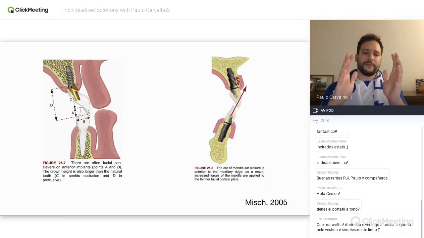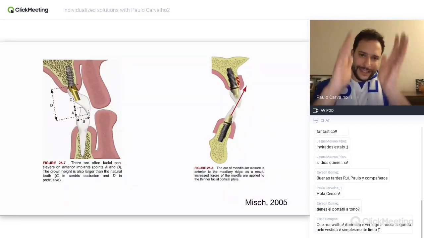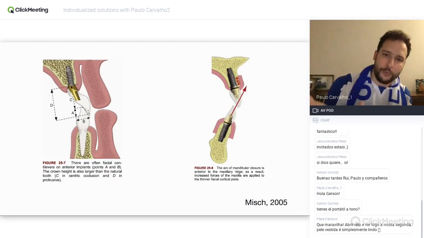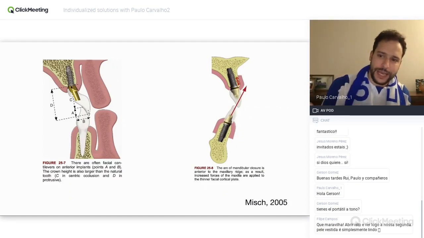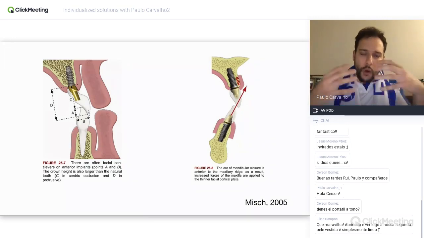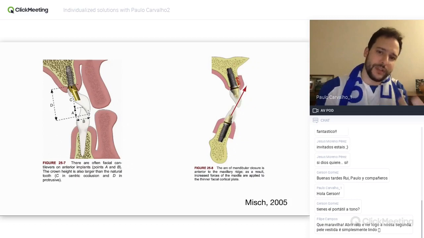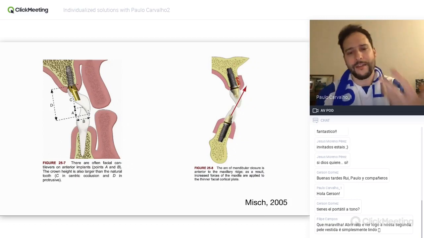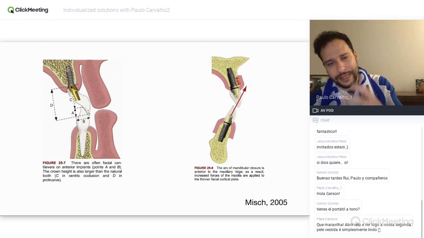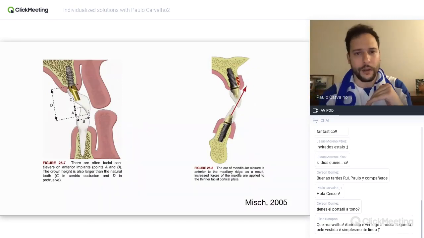So we have enough bone to place the implants, but that bone is not in the same axis as the teeth are going to be to get that proper lip support. So the mechanical forces are going to overload the buccal bone in the maxilla, which is the weakest one, and so we can have problems in time. So in these cases, I try not to bring the prosthesis too much forward, to not have these mechanical problems.